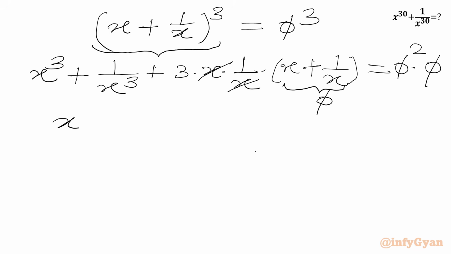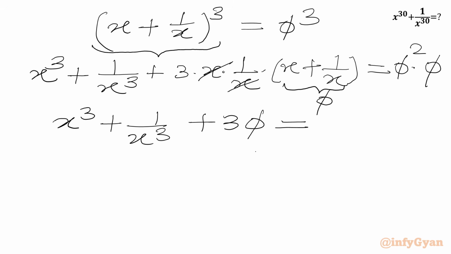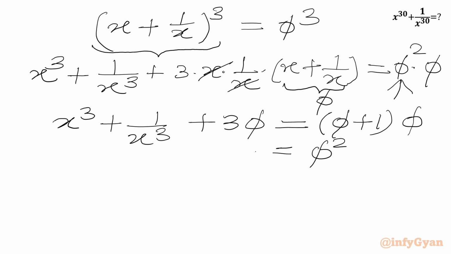So we can write x cube plus 1 over x cube plus 3 times φ equal to, here we have φ square. Using equation 1, we can write this is φ plus 1 times φ. Now we will simplify RHS. We can write φ square plus φ.